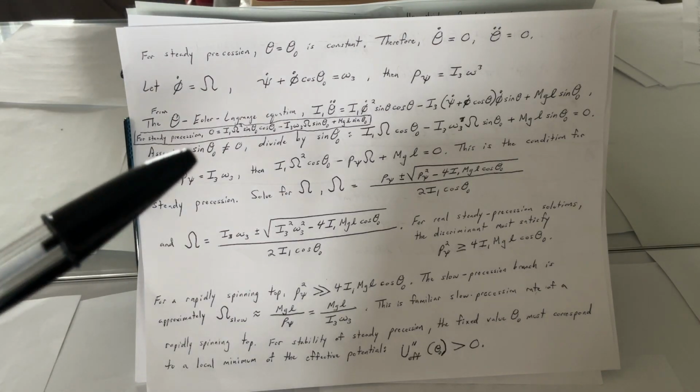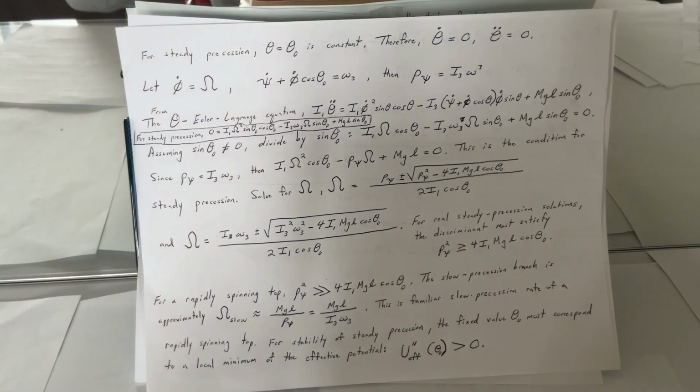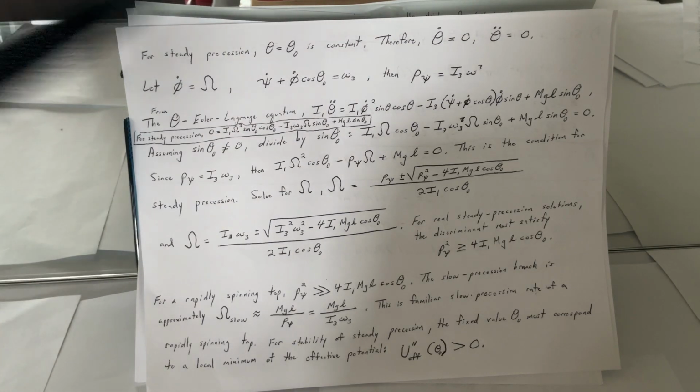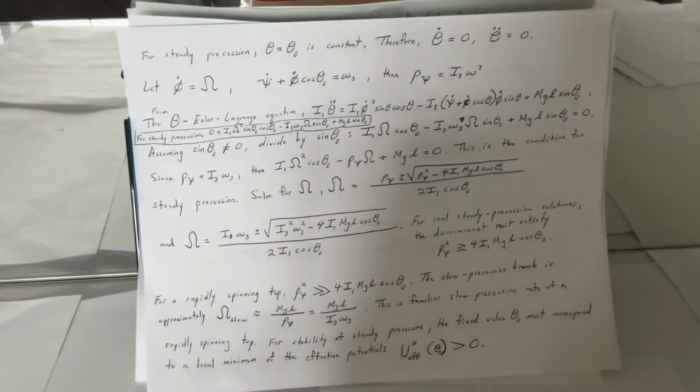So assuming sine theta naught does not equal 0, we divide by sine theta naught, and this is going to become I sub 1 capital omega squared cosine theta naught minus I sub 3 lowercase omega sub 3 capital omega plus mgl, and that's going to be equal to 0.